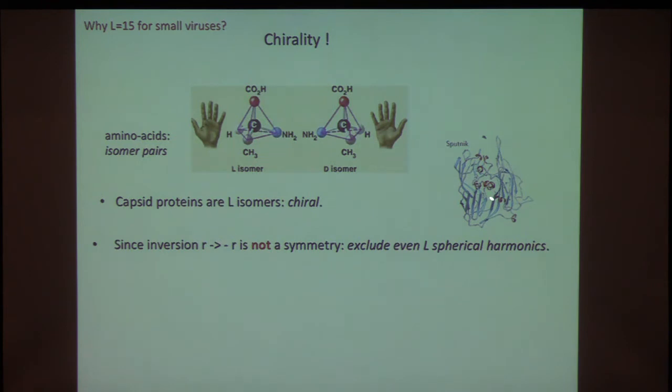Now, that means that the capsid proteins don't have inversion as a symmetry. If you look at the spherical harmonics, the even spherical harmonics are all even under inversion. The odd spherical harmonics are odd under inversion. So, Rochal and Lorman said, if we're going to play this game, you have to exclude the even L spherical harmonics because it's a chiral structure.